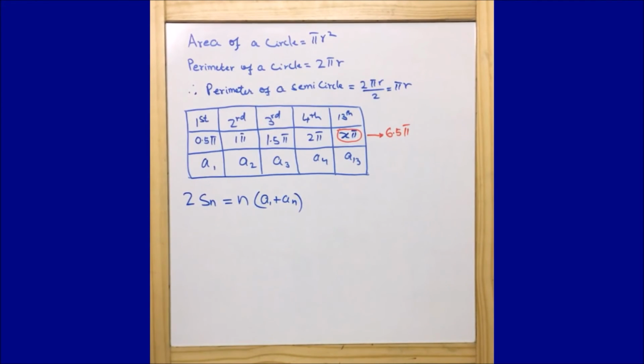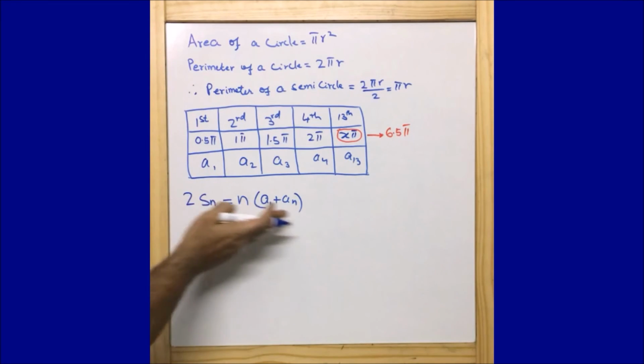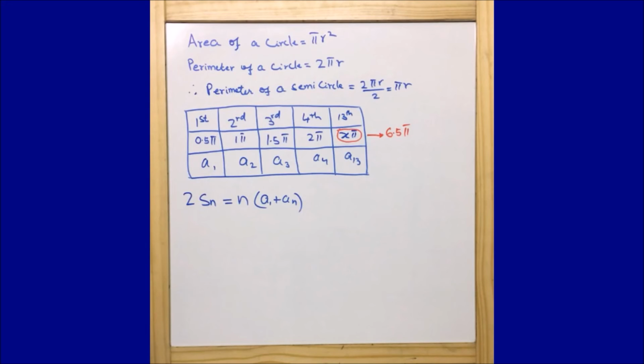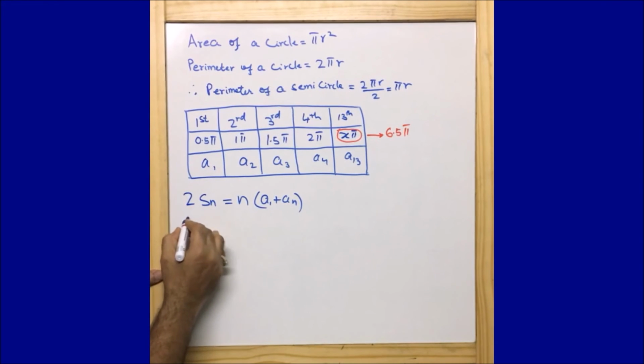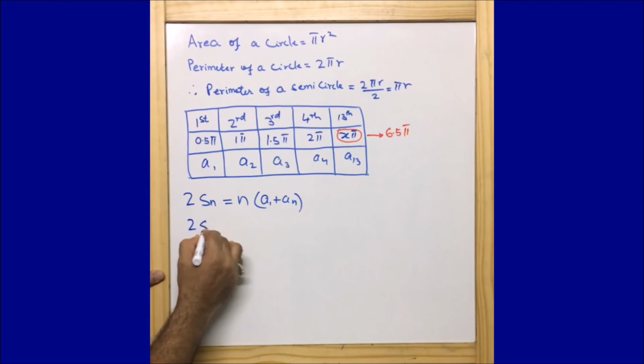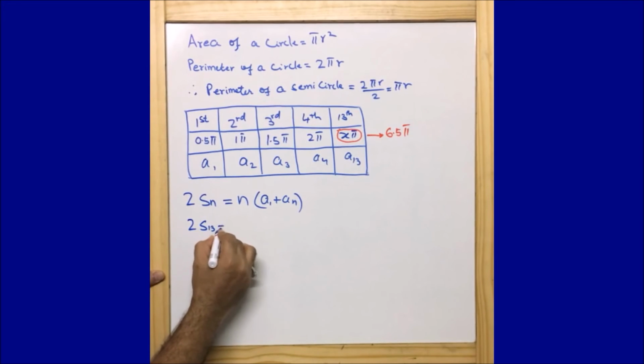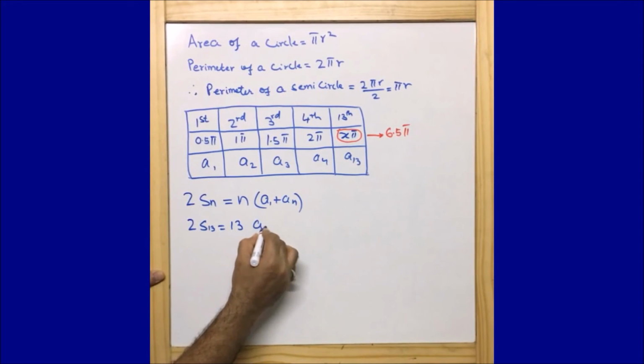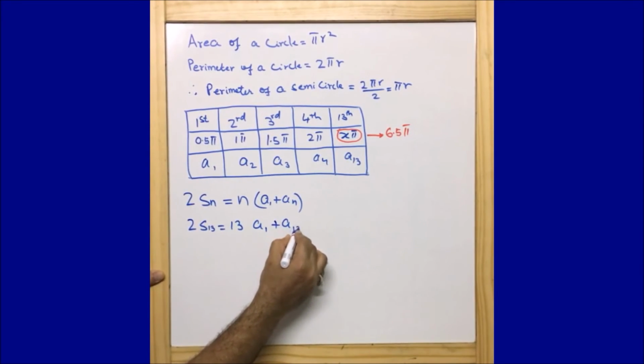Now using this formula, we have all the values here. Now I am replacing n with 13, so I can write 2S13 is equal to 13 (a1 plus a13).